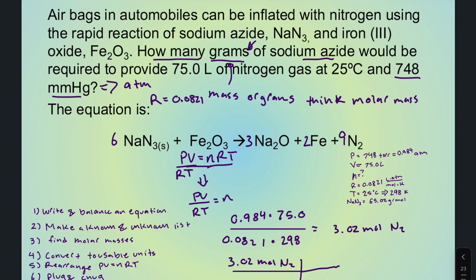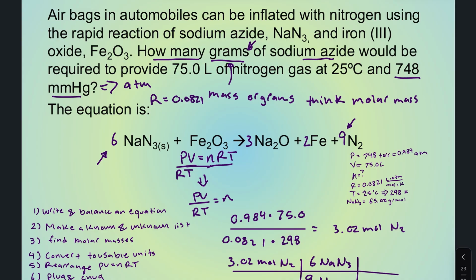We will divide that by, we're going to use the molar ratio. So for N2, there's a 9. For NaN3, there's a 6. So that's 9 N2 to every 6 NaN3.